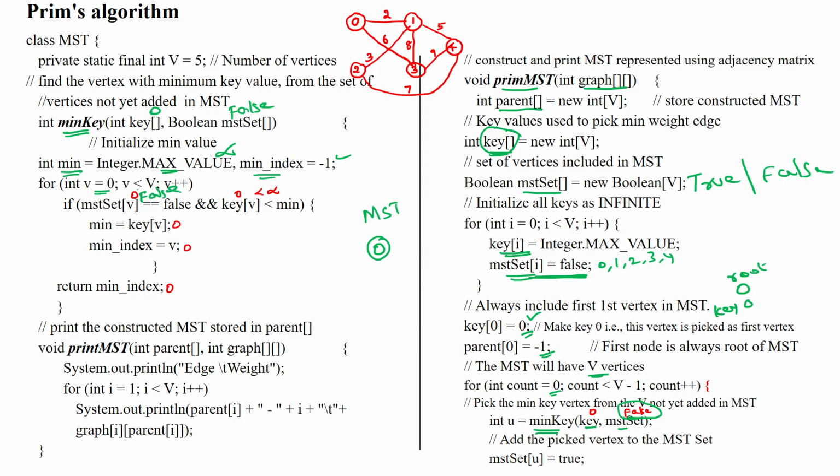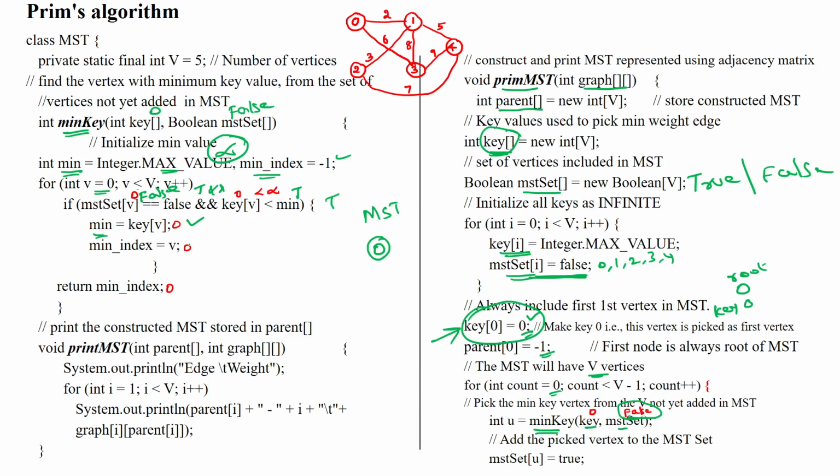Yes, it is false. False equal to false is true, and key of 0 is now 0. Then the minimum value we have already set as infinity. If 0 is less than infinity, yes, this is also true. So true and true is true. Now we are setting the minimum value as key of V, which here is 0.